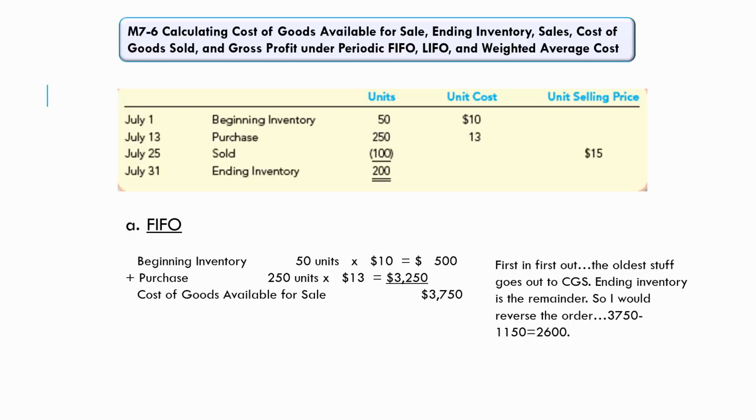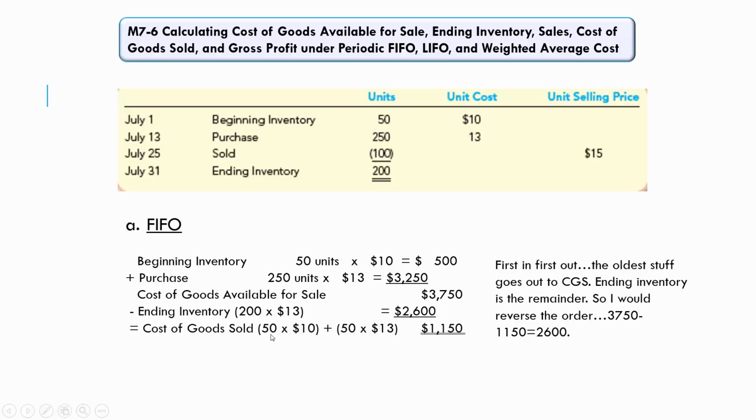So when we calculate it and determine what our cost of goods sold is going to be, we're going to take these 100 units that are sold, first using up these 50 and then taking the remaining 50 from the July 13th purchase. So our cost of goods sold is going to be 50 at 10 and 50 at 13. Adding those numbers together, you get 1150. And then your ending inventory then is the difference between this and this, or 2600.